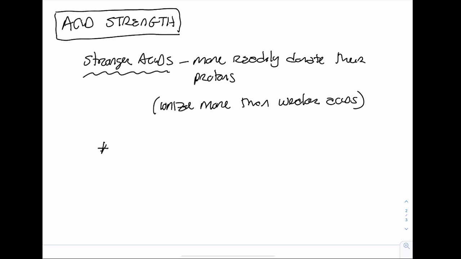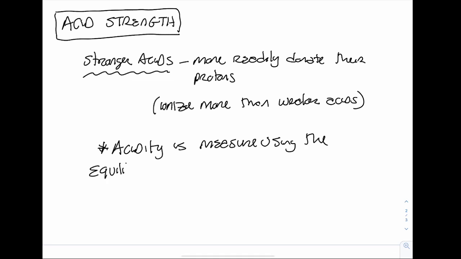In general chemistry, you would have measured acidity using an equilibrium constant. So capital K was always our abbreviation for an equilibrium constant.